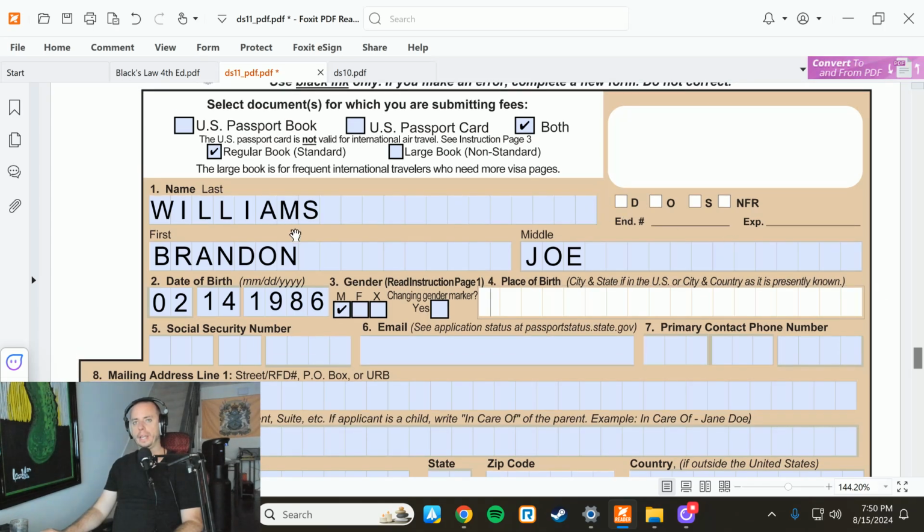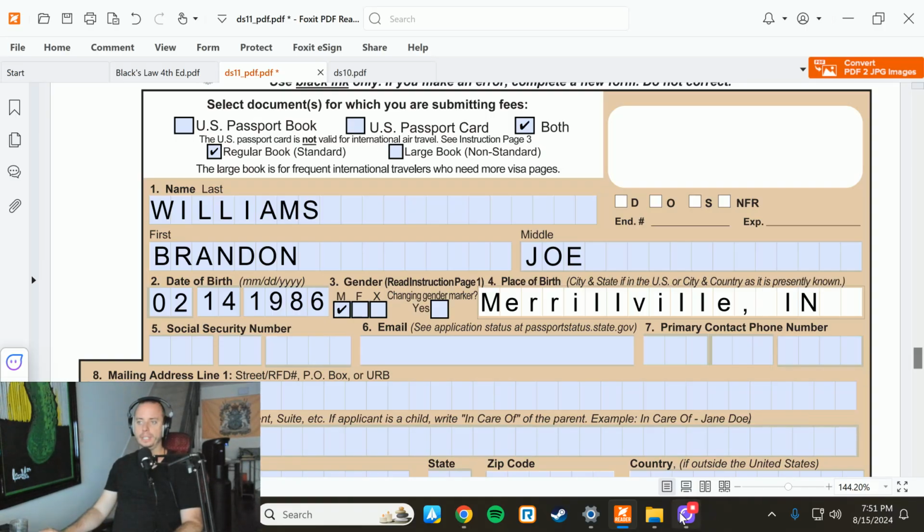So we've got the all caps name here, and then the date of birth here, like I was saying. And then place of birth, I don't know. You can put whatever you want here.